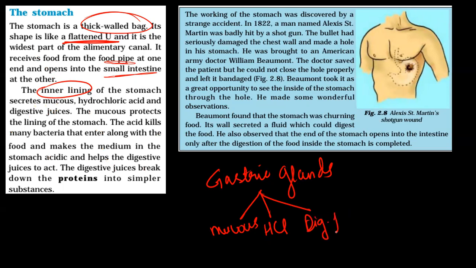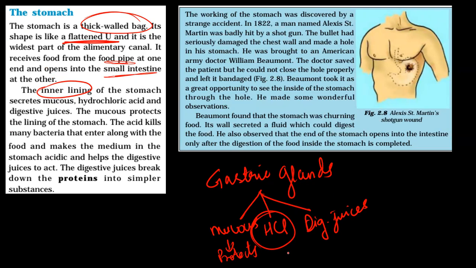The names you will be learning in your higher classes. Now, what does mucus do? It protects the wall from the acid. It protects the lining of the stomach from this acid, because acid is corrosive. So to avoid that, we have mucus which protects the lining of the stomach.